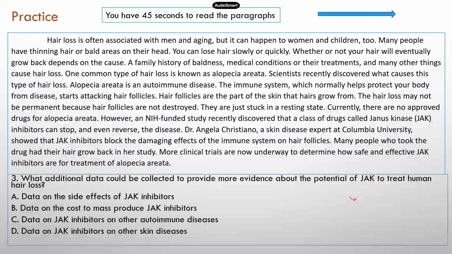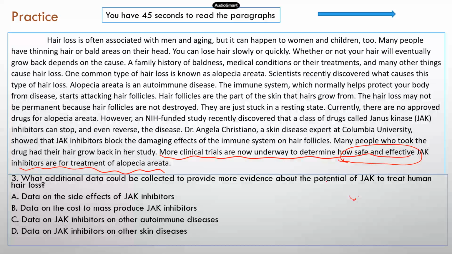And the key is to read the last sentence. Many clinical trials are now underway to determine how safe and effective these JAK inhibitors are, right? So there are two important aspects. It has to be safe and it has to be effective, right, in order to be used on humans.